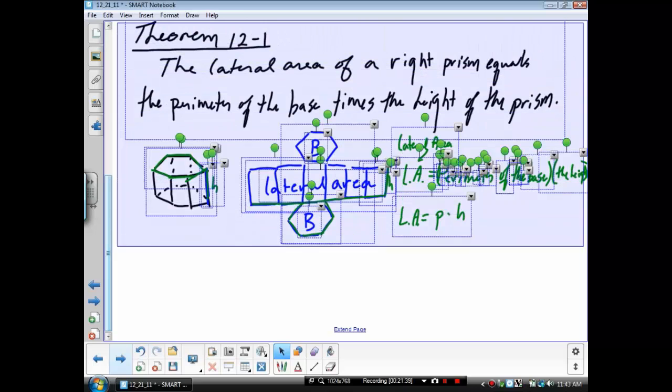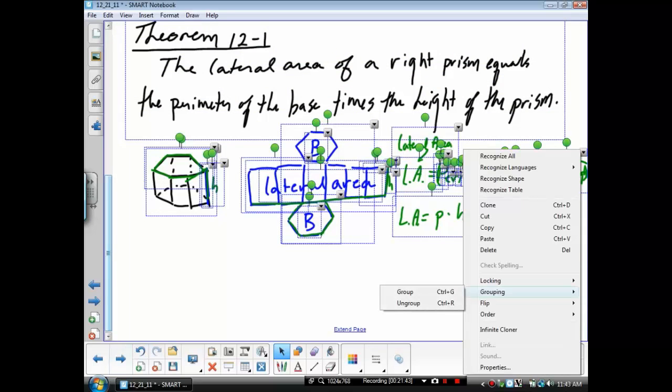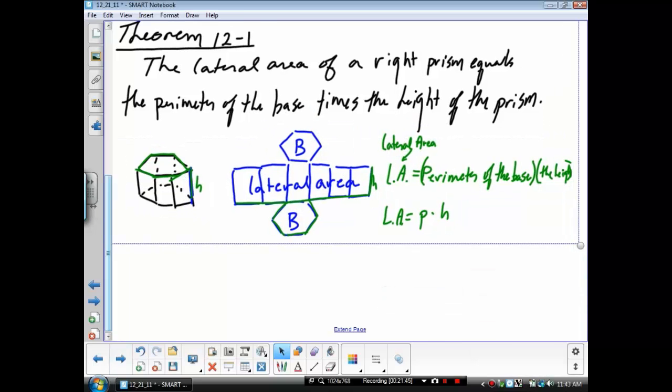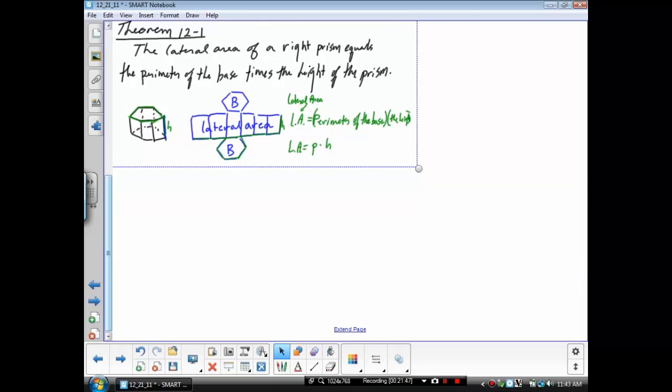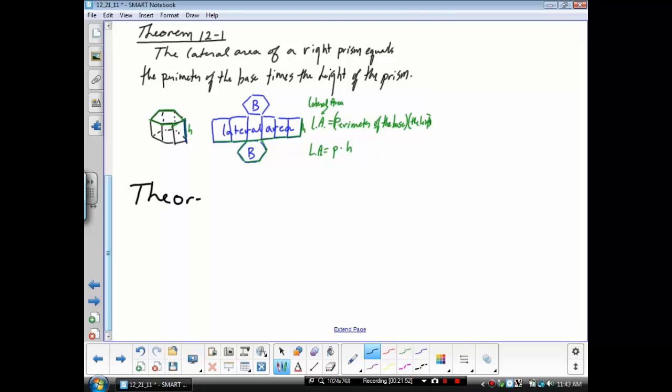Now theorem 12.2, which is our volume. Theorem 12.2, the volume of a right prism equals the area of the base times the height of the prism.